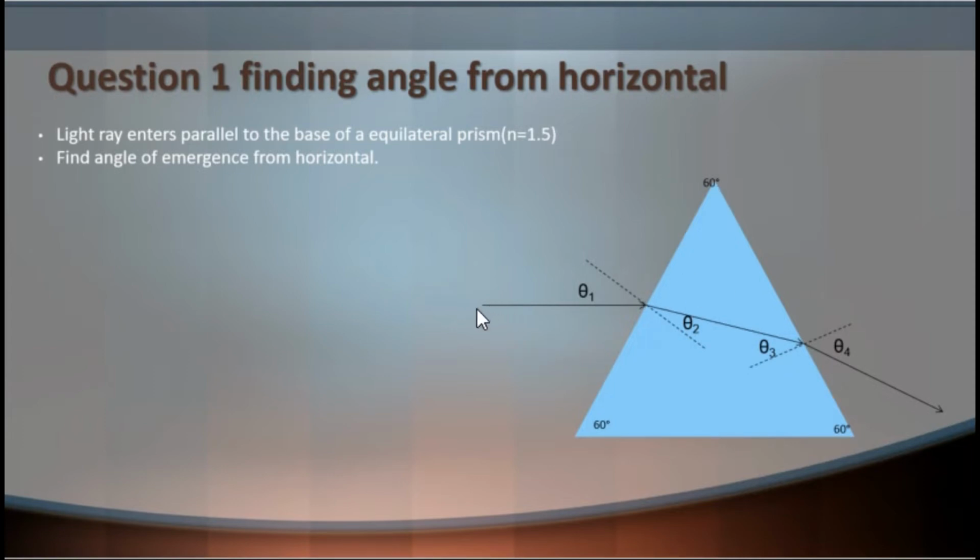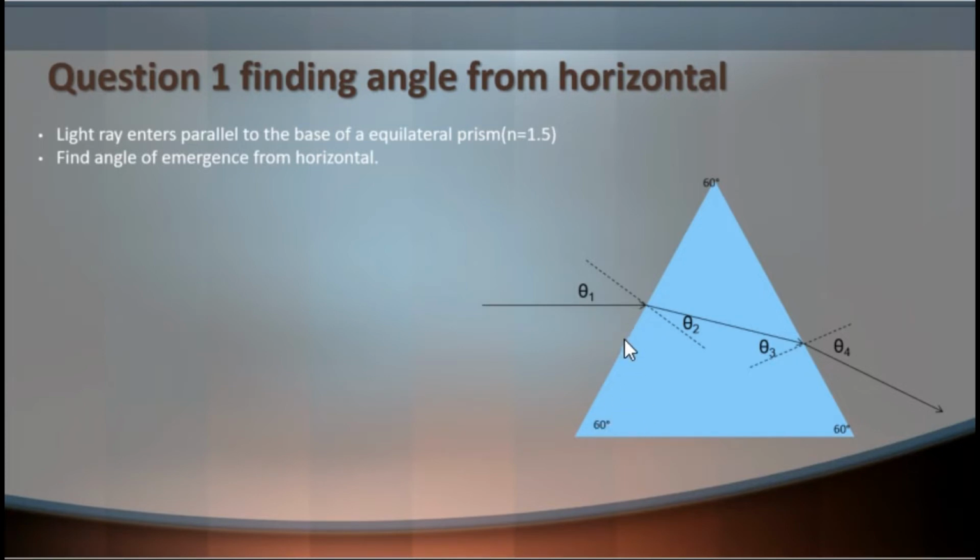So they give us that the light ray is parallel to the base of the equilateral. Therefore, as we can see here, this is 60 degree, and when we look closely, these are alternating interior angles.